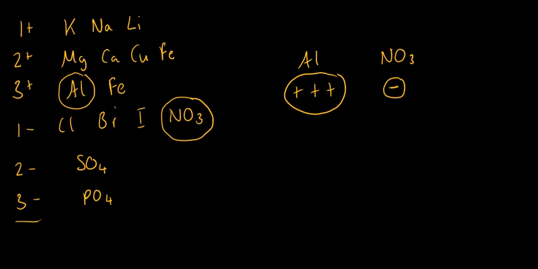So therefore I'm going to need 3 nitrate ions, 1 and another, in order to make this work. So this is a bit trickier because I'm going to write AlNO3 with a bracket around this to write another 3 next to it.